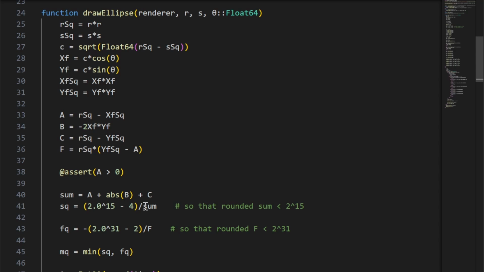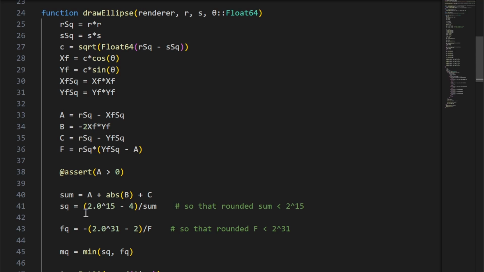In fact, I want it to fit into a signed 16-bit integer, and so I don't want it to exceed 2 to the power of 15. And because I'm actually going to be rounding these values in the end, there could also be some other issues here as well. So I've just subtracted a little bit off here so that the value will be a little bit less than 2 to the 15.